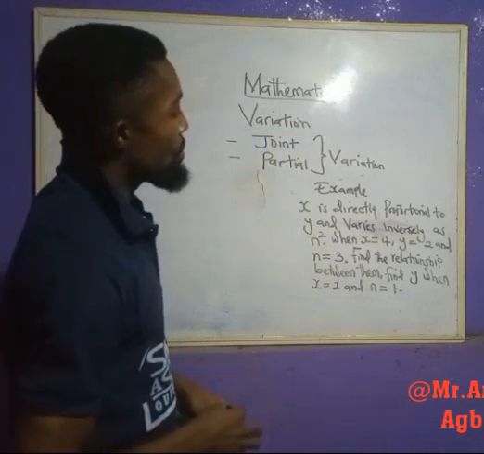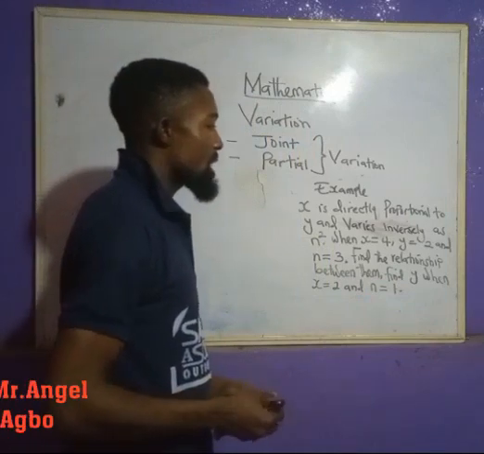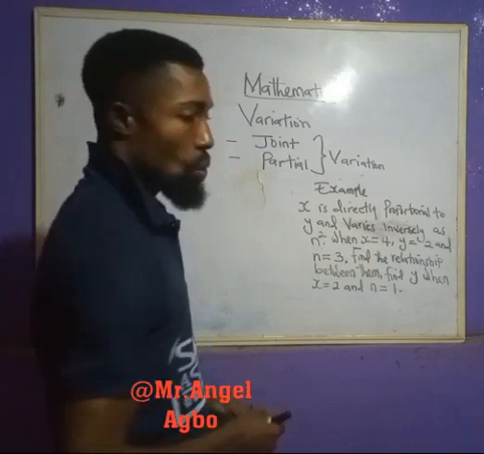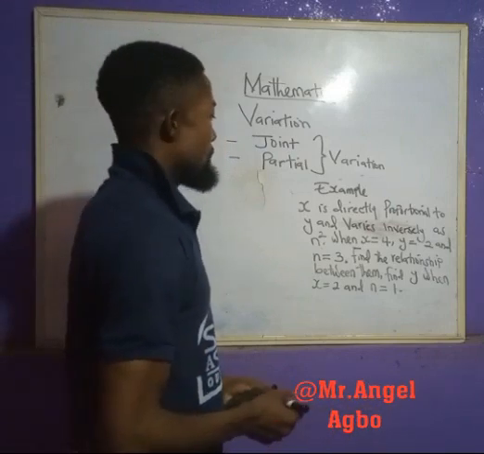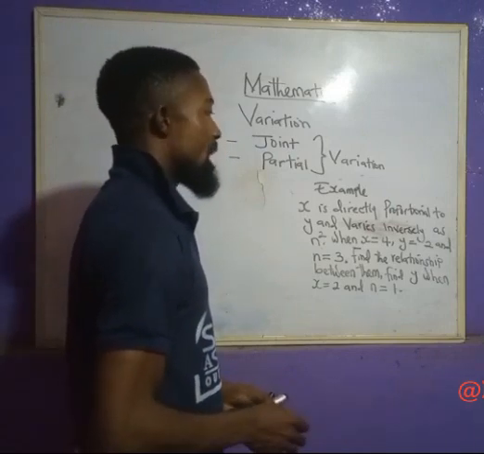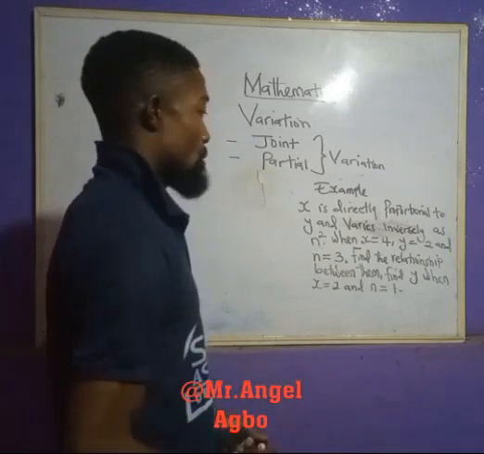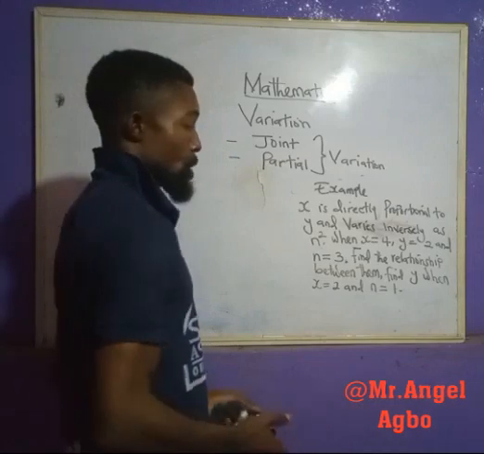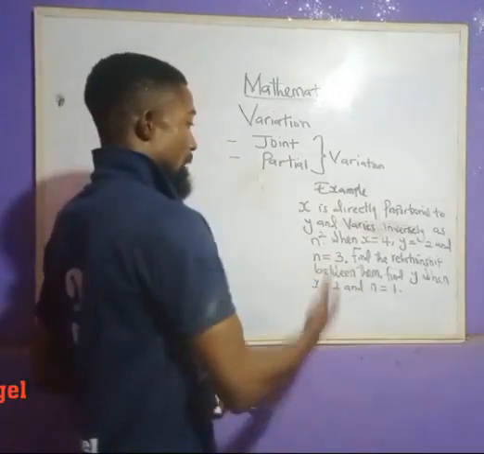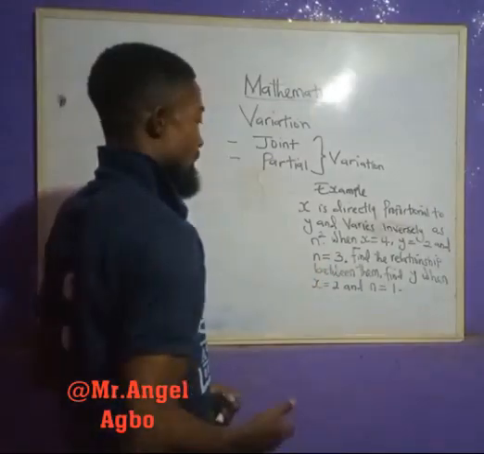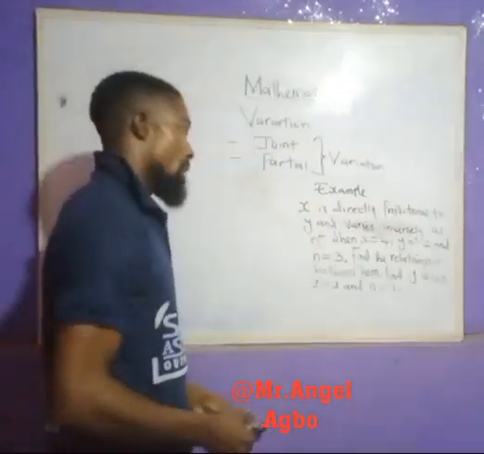Now x is directly proportional to y and varies inversely as n squared. When x is 4, y is equal to 2 and n is equal to 3. Find the relationship between them. They have a relationship. Find y when x is equal to 2 and n is equal to 1.